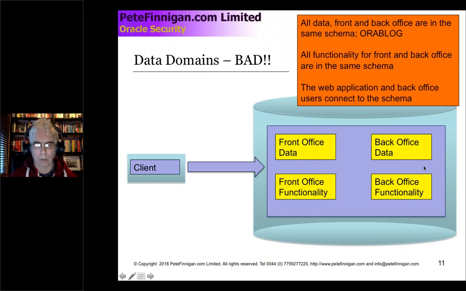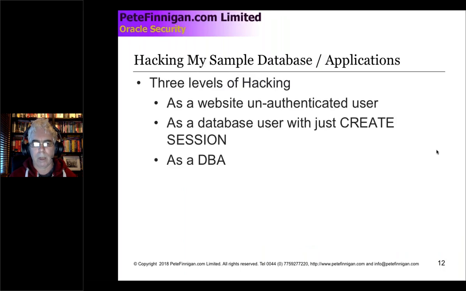There is no separation of front office or back office data. You would hope that something like Database Vault would help us solve some of these problems, but let's have a look. So I did a number of different hacking sessions. So I wanted to hack the database as an unauthenticated user. So basically going to the public website, hacking through a field on the public website and tunneling SQL injection through to the database.